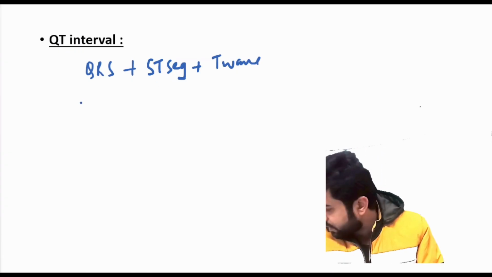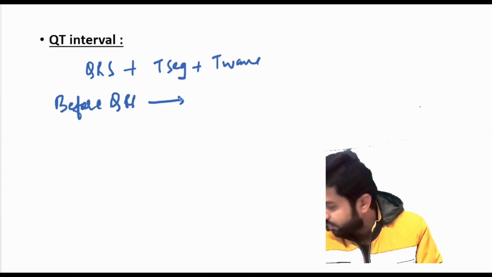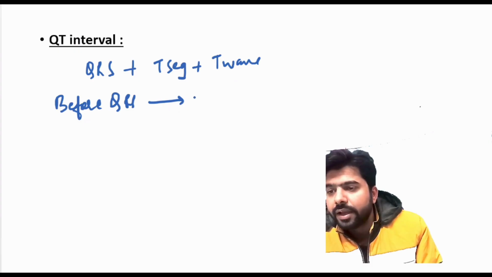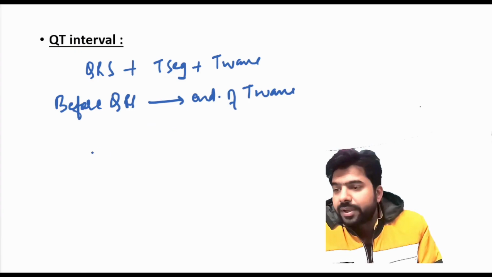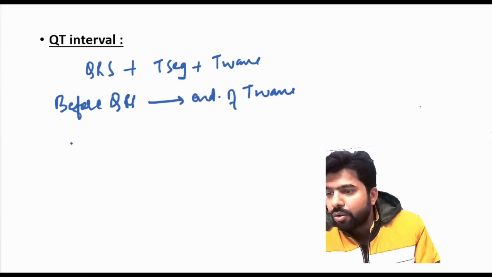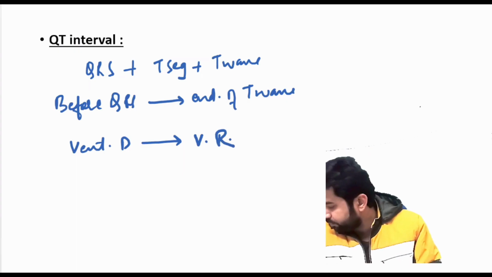Means it starts before the QRS complex and ends with the end of the T wave. This QRS complex shows the whole ventricular depolarization, and it ends after ventricular repolarization.